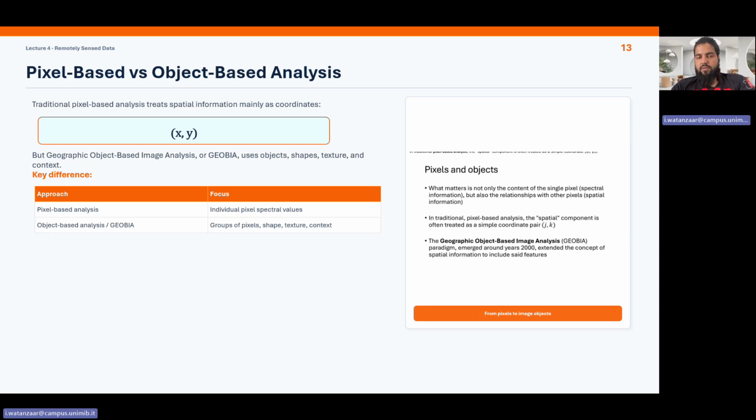This is the main difference between pixel-based and object-based analysis, and how we can differentiate them. That's why the spatial information is really helping now. In pixel-based analysis, it is more like treating the spatial information as coordinates of X and Y.